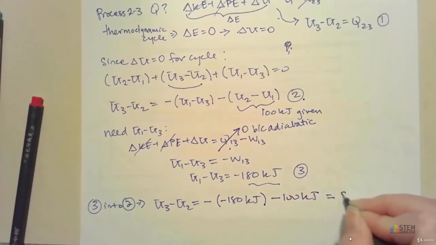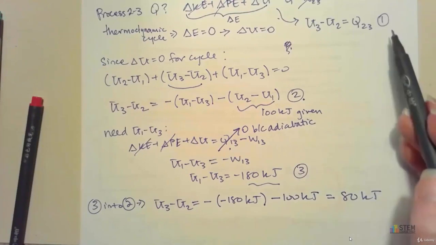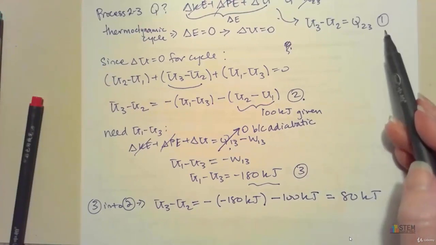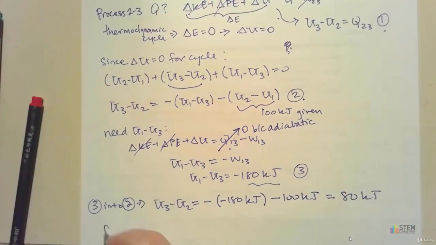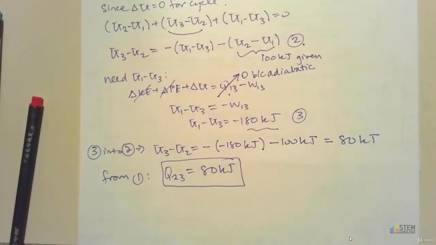That gives us negative 280 kilojoules. Now, we already know from equation 1, the equation I forgot about earlier, that heat transfer is the difference between U3 and U2. So from 1, we're going to say Q23 is equal to 80 kilojoules. So perfect. Now we've got our heat transfer.